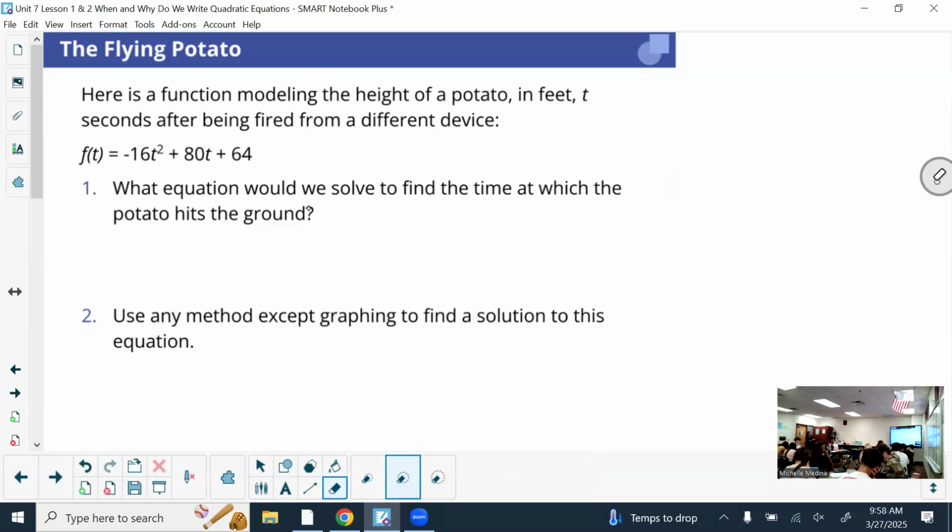So think about that. I'm not necessarily going to give you time to solve it and then come back. We're just talking about it right now. So we're not necessarily graphing this. In fact, in number 2, it doesn't want us to graph.